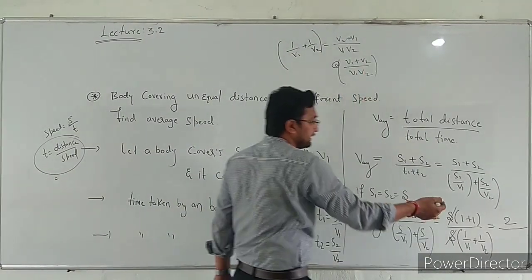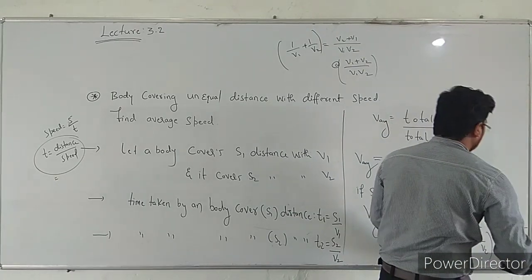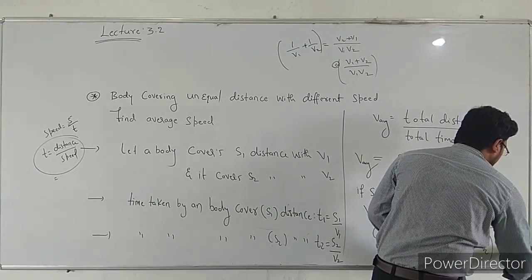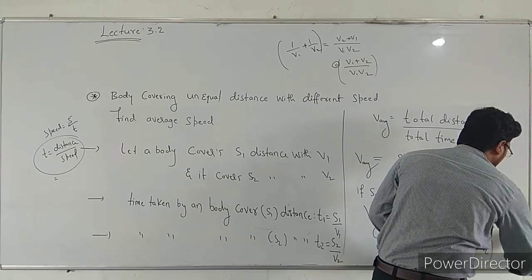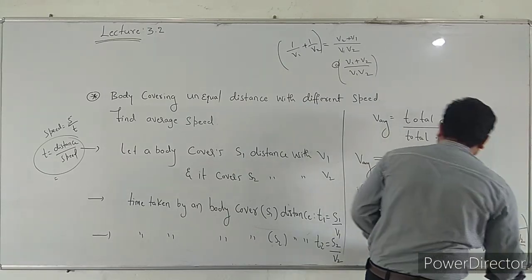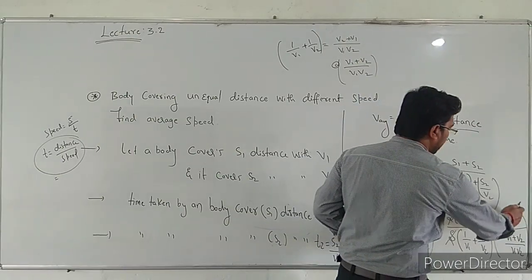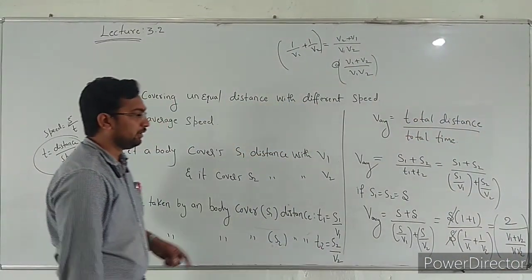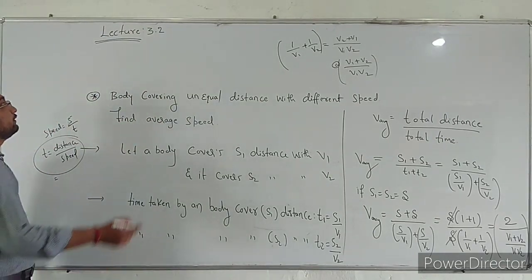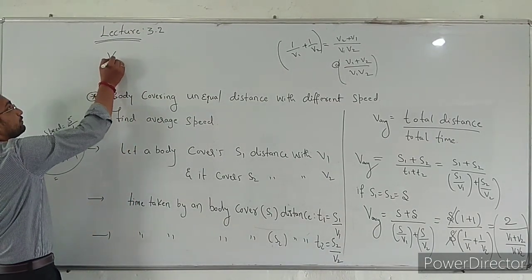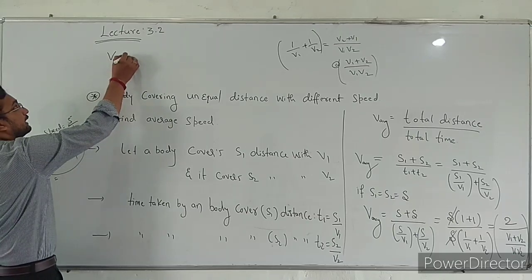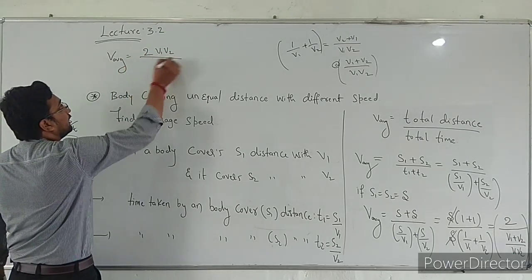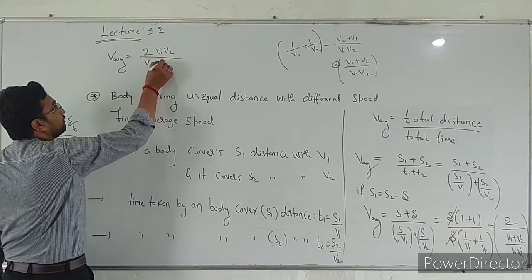Substitute this value in the expression. Then the average speed is equal to 2 divided by v1 plus v2 divided by v1 into v2. Then the final expression is average speed equals 2 v1 v2 divided by v1 plus v2.